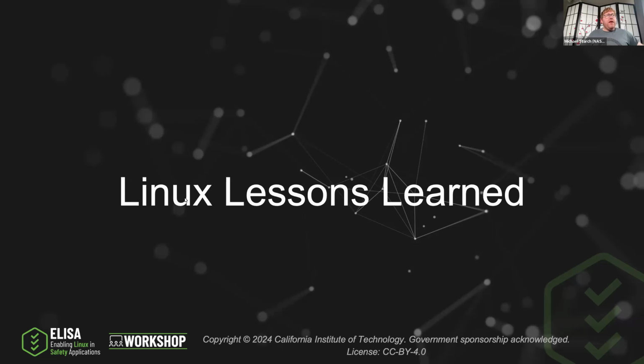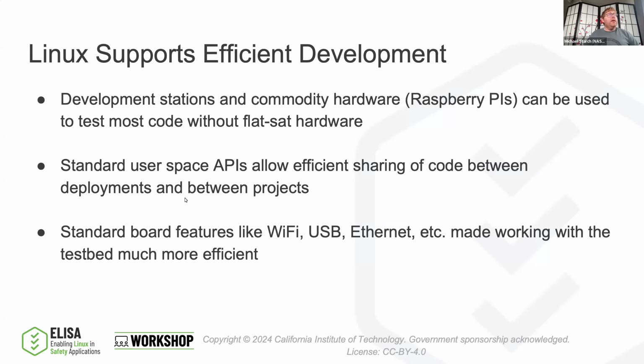Let's dive into some of the lessons learned about the project. So Linux supports efficient development. This is one of the big boons that using Linux with F Prime for Ingenuity had for us: we could develop on commodity laptops, commodity hardware like the Raspberry Pi, and we could test a lot of our code without a proper flatsat.